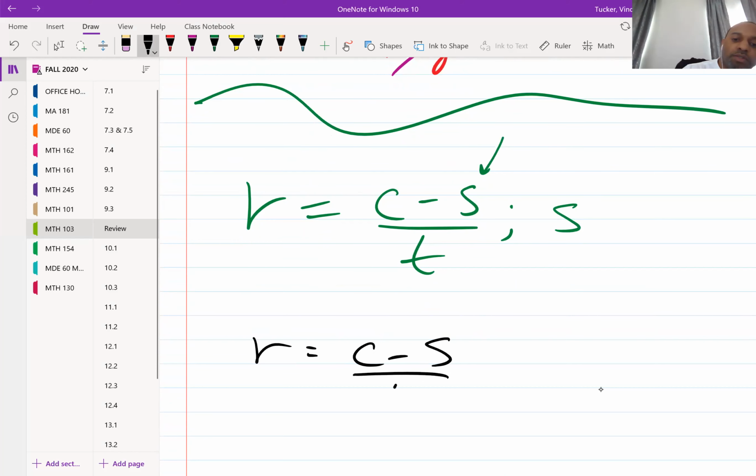Okay, let me make sure we're doing the same thing. If I want to solve for S, the first thing I would do is multiply both sides by T. So the T's will cancel.